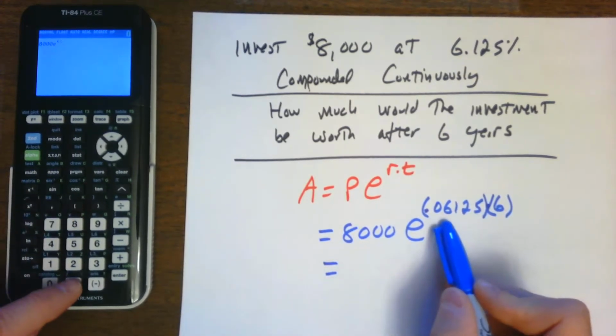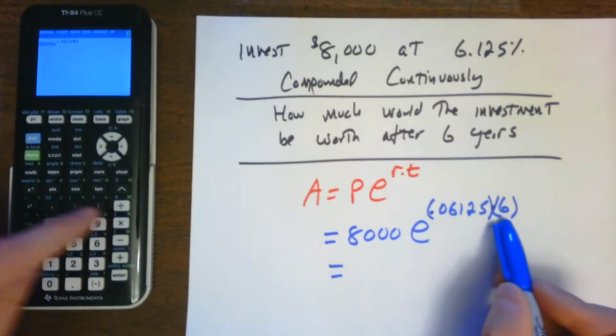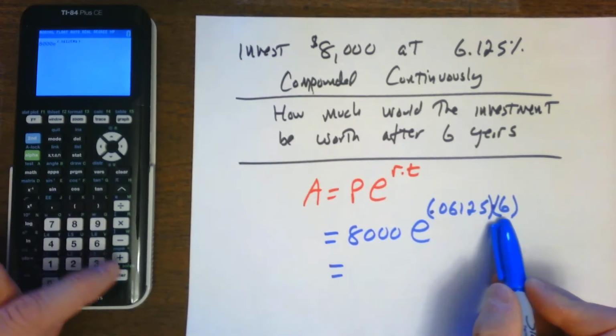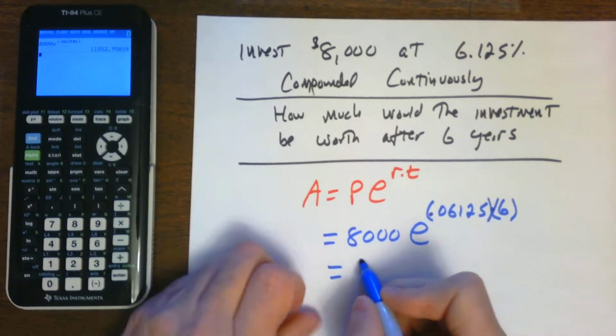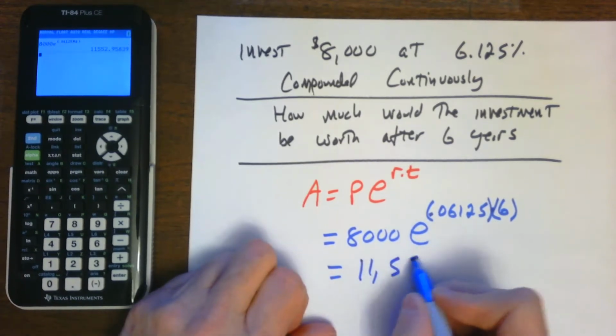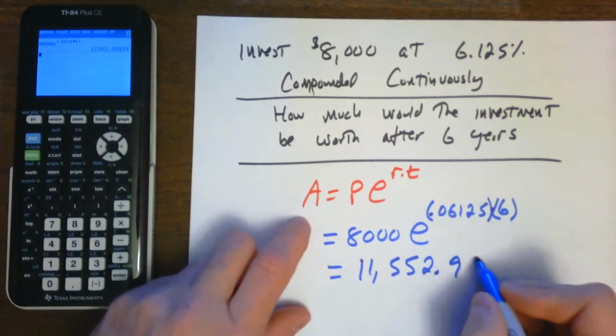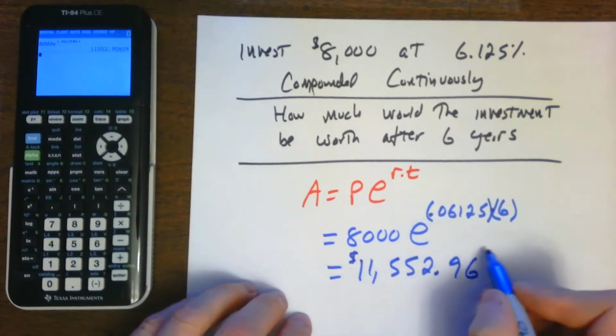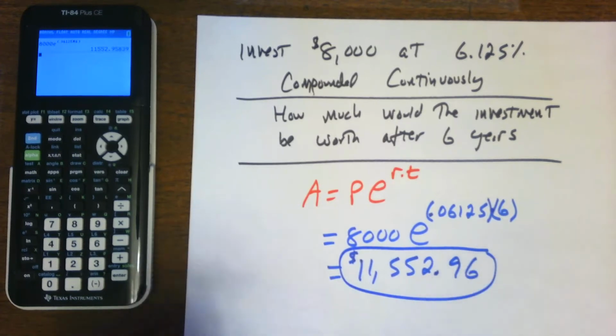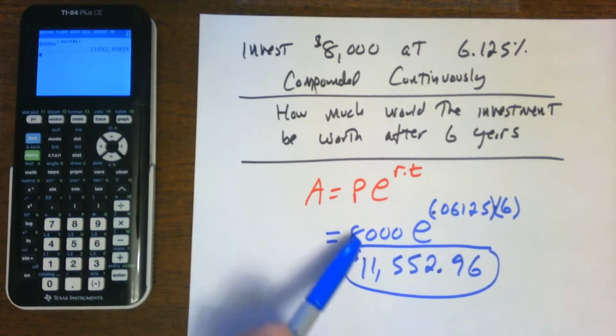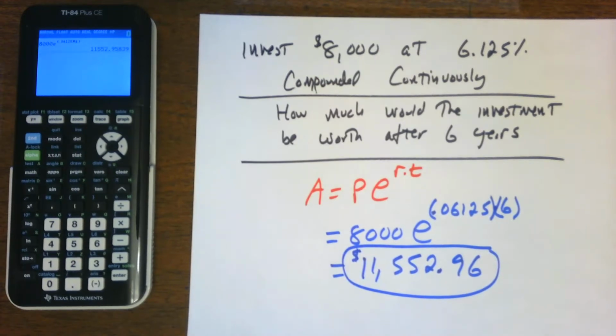Open parentheses, 0.06125 times 6, close parentheses, equals, and it's going to be worth $11,552.96, rounded to the nearest penny, after 6 years. So if I subtract the initial amount, that's an extra $3,552.96.